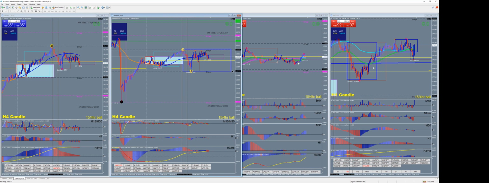And because we have a back-to-back 3-ball, it's telling me that the market may want to range. So just be careful. It's already in the small little range, getting back-to-back 1-balls on the 15-minute.